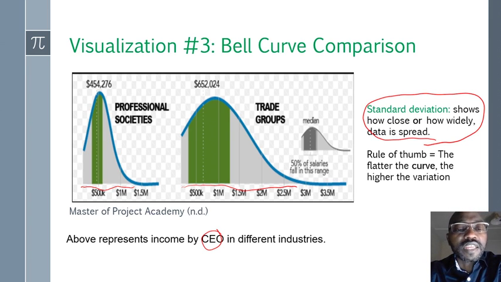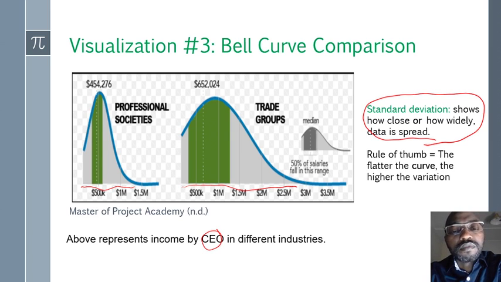It's saying here that for professional societies, CEOs can make between just a bit under $500,000 and just a bit above $500,000. So you're looking at 454,276.